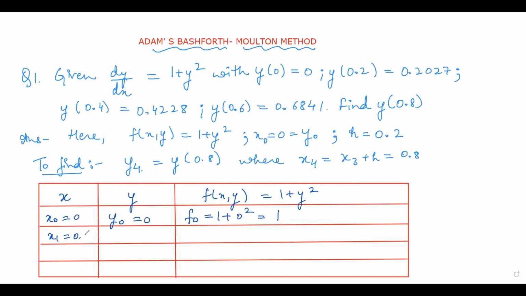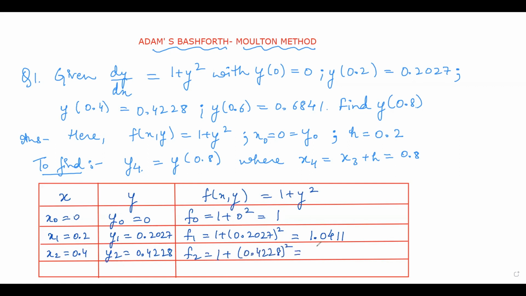x1 is 0.2, y1 is given as 0.2027. So f1 would be 1 plus 0.2027 whole square. After calculating the whole square and adding 1 to it, I am getting 1.0411. x2 is 0.4, y2 is 0.4228, f2 is again 1 plus 0.4228 whole square.